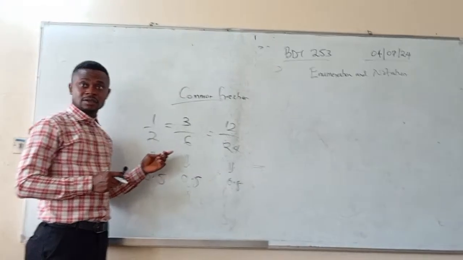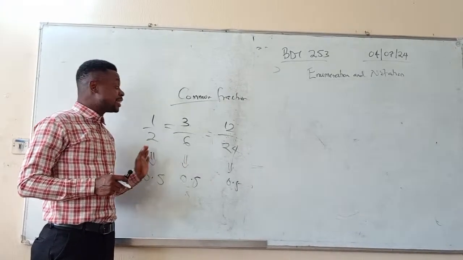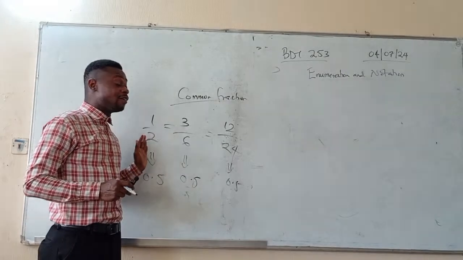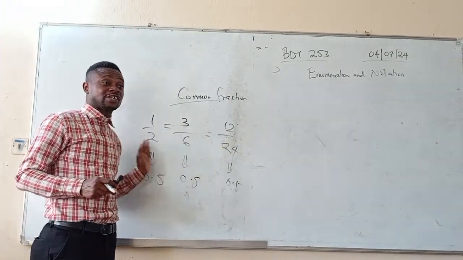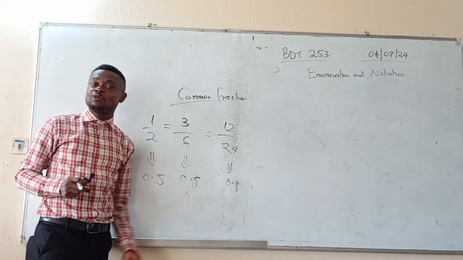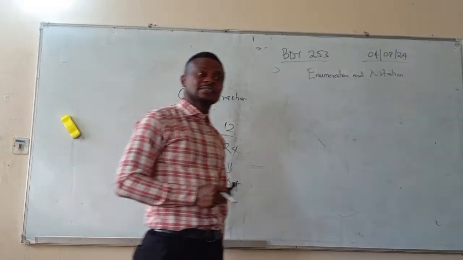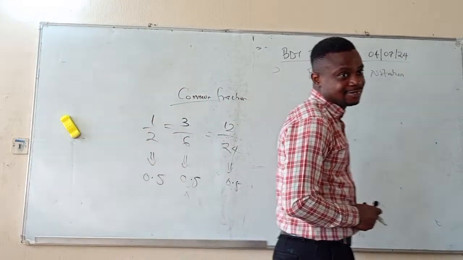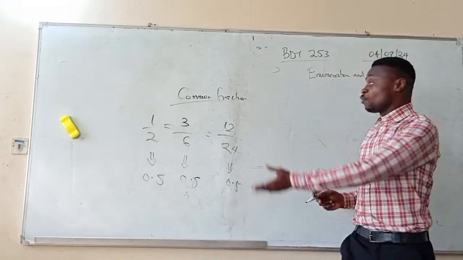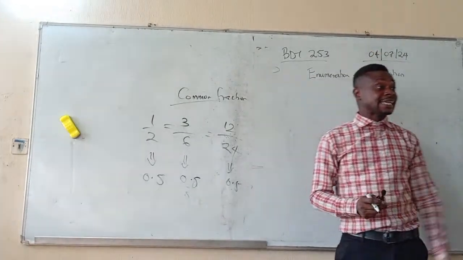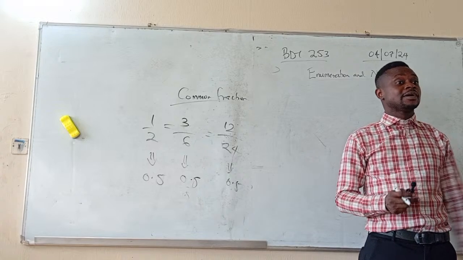A list of fractions can be given to you, common fractions like this, and you are asked to determine which of them are equivalent. You can be given about 20 fractions and asked to select which of them are equivalent fractions.